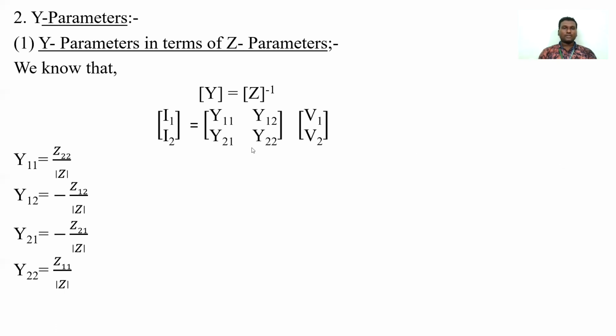That is the adjoint. The determinant is nothing but AD minus BC, that means Z11 Z22 minus Z12 Z21. Right, so that time you'll get this relationship. Understand? This is the relationship which you'll get.